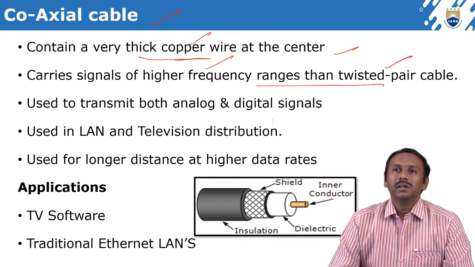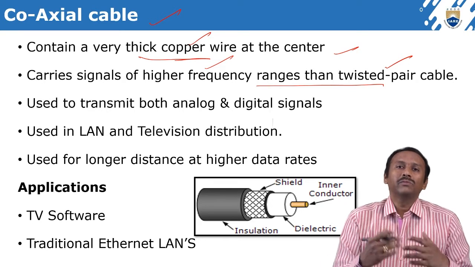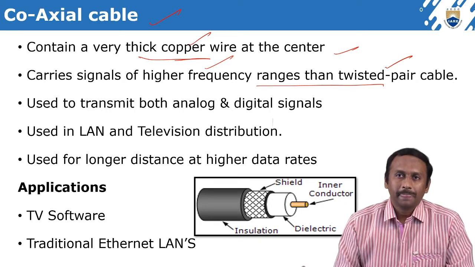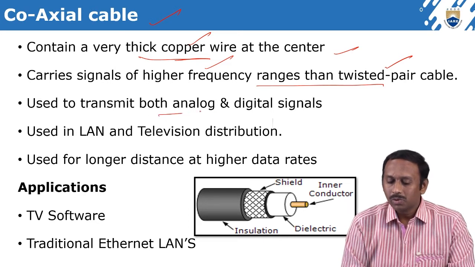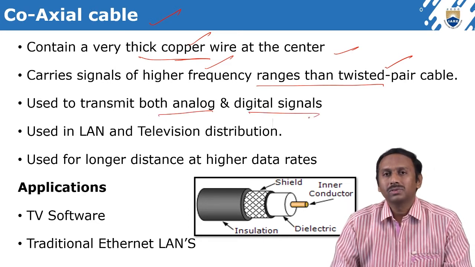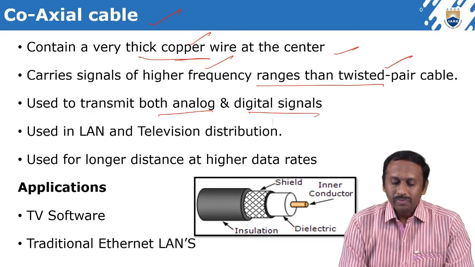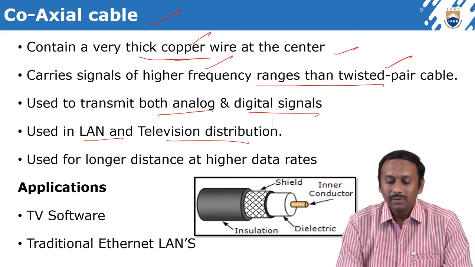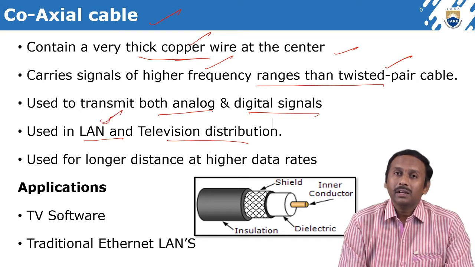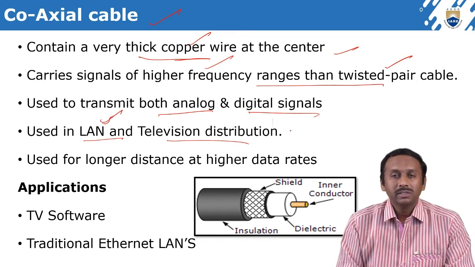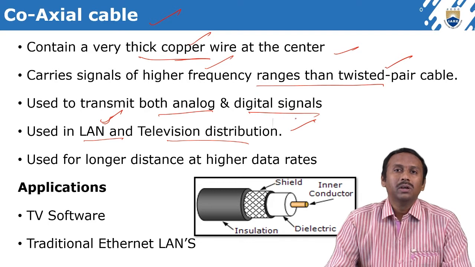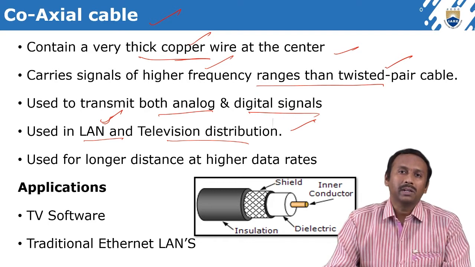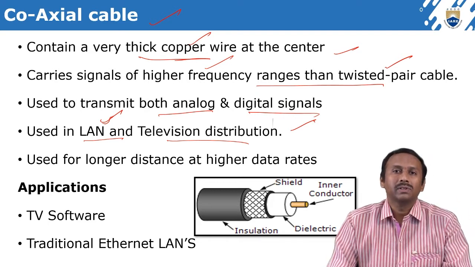So obviously it can have better efficiency than the twisted pair, and it is used to transmit both analog and digital signals, same as the twisted pair, and used in LAN and television distribution. Even twisted pair is used in LAN, but for television distribution we cannot use twisted pair because it requires higher frequency.